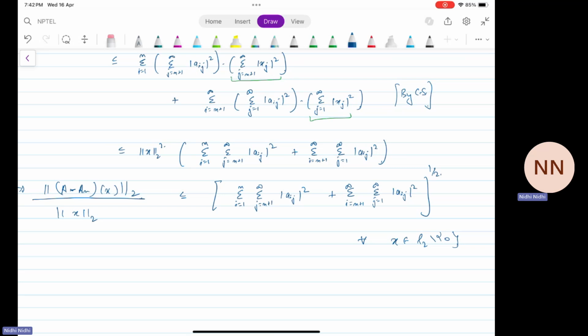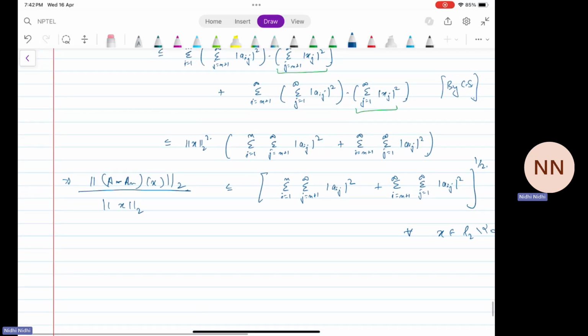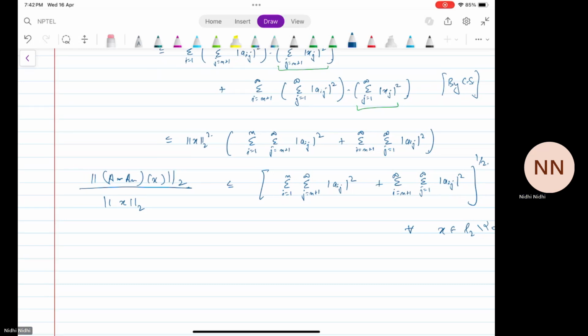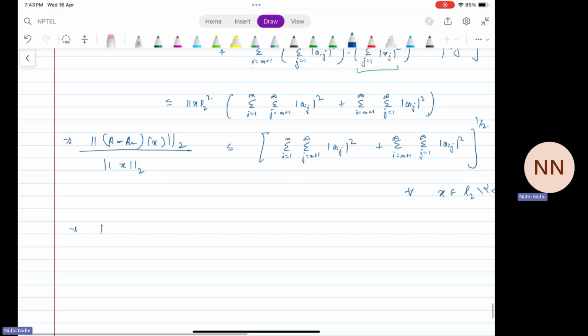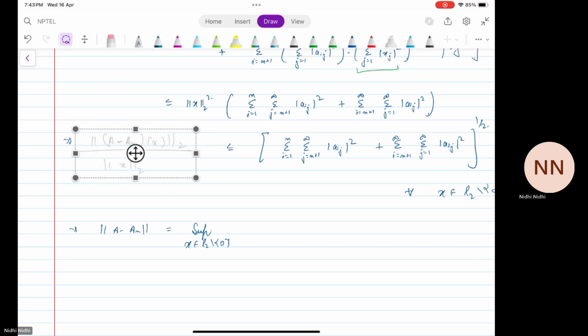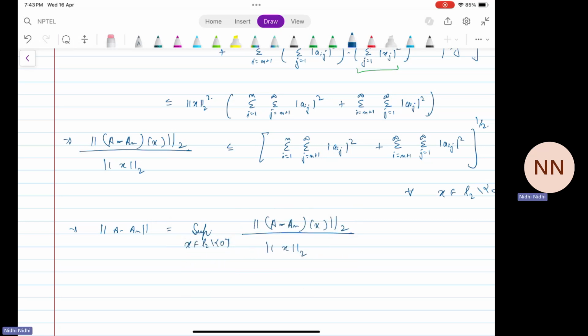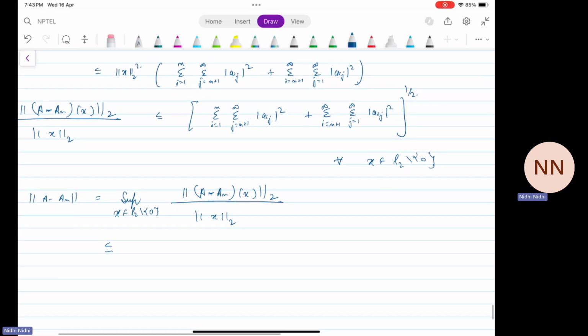Since the right hand side is independent of x, we can take supremum on both the sides. So we will get norm of A minus A_n, which is equal to supremum over x belonging to L2 minus 0, and this is less than or equal to the right hand side.